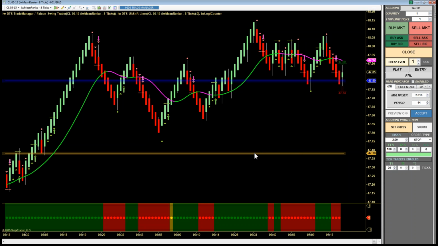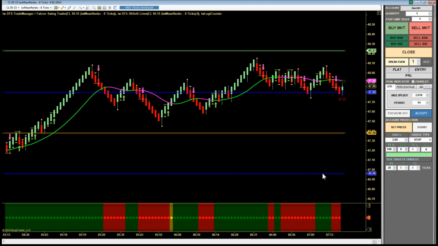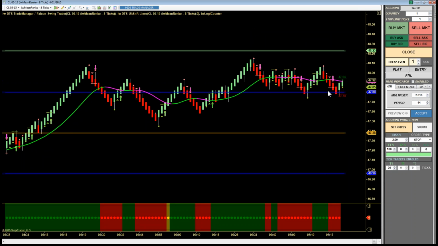The gold line here is the median line. It tells me that there's 10 lines above, 10 lines below. The blue line is the primary resistance, and the blue line below is primary support. These three lines tend to be the strongest. When the market gets on either side of these lines, it tends to impart a bullish or bearish tone on the market.